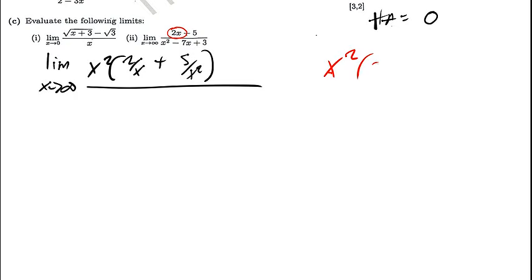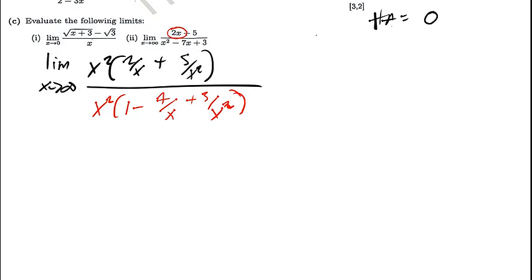The general idea is just to divide. So we are just dividing 2x by x squared, that is 2 over x, because one x will go. Then down here I also factor out x squared. I will remain with 1, then minus 7 over x, then 3 over x squared.